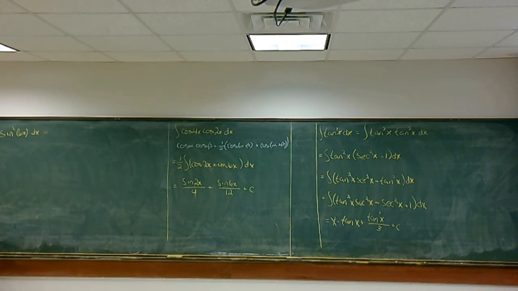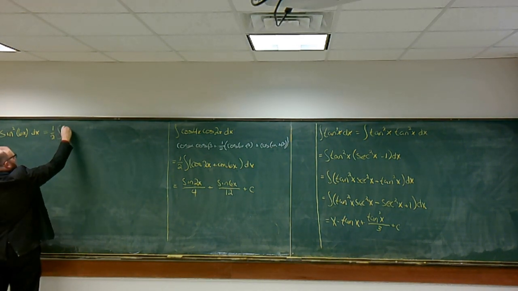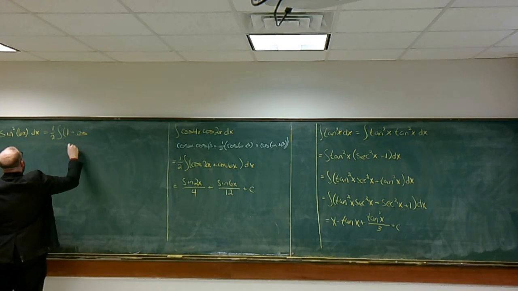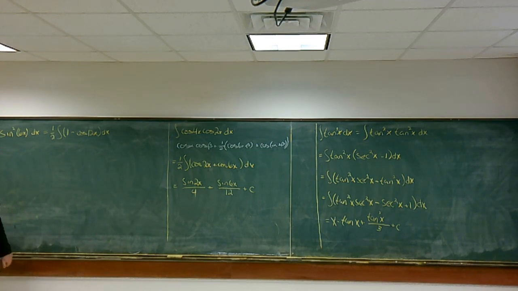Go this way. Use the reduction identity. So reduction identity for sine. Sine squared x equals what? 1 minus the sine 2x divided by 2. We're going to have a half. 1 minus cosine of 12x dx.